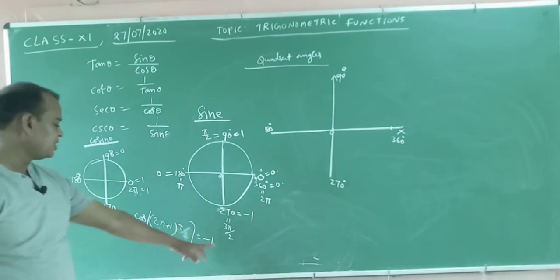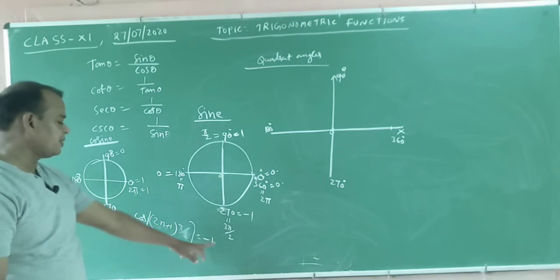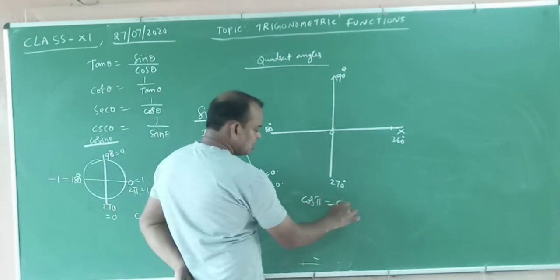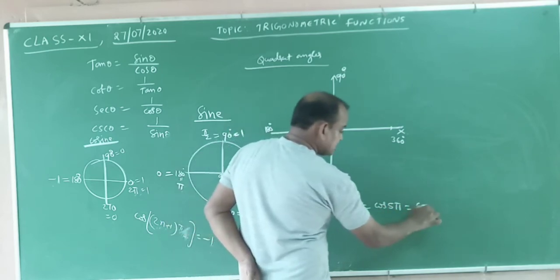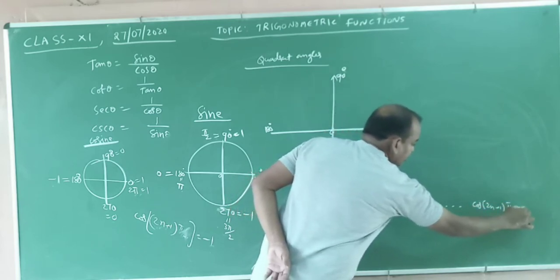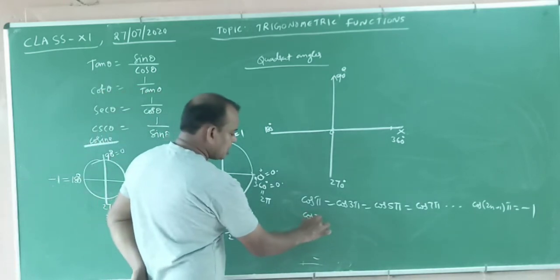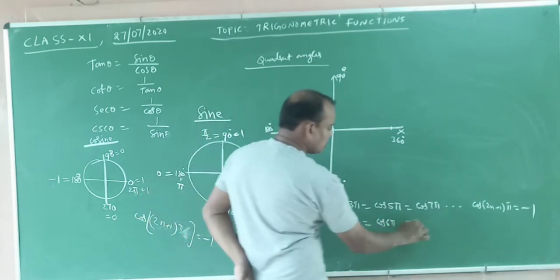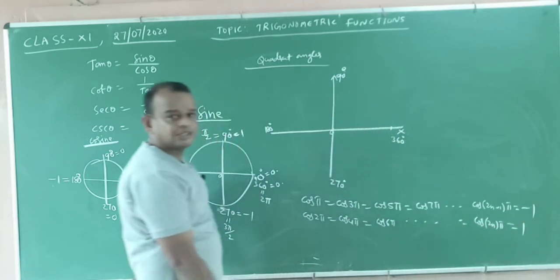For n equal to 0, cos pi; for n equal to 1, cos 3 pi, each is minus 1. Cos pi, cos 3 pi, cos 5 pi, cos 7 pi, and so on, cos (2n plus 1) pi, 100% equals minus 1. For even multiples of pi, that is cos 2 pi, cos 4 pi, cos 6 pi, and so on, cos 2n pi, 100% equals 1.